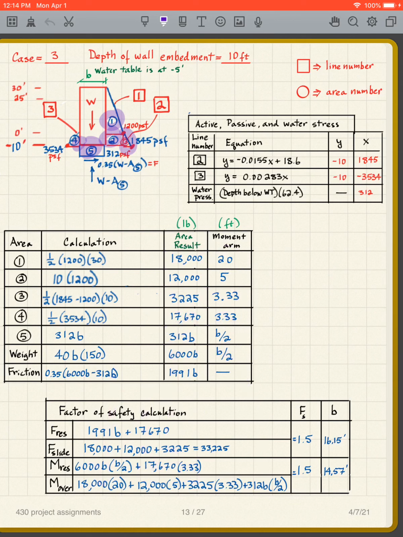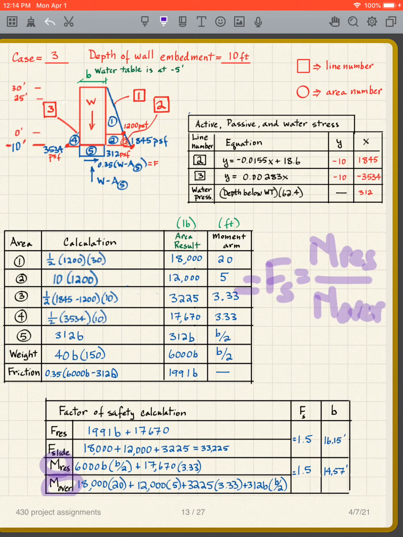And again, the factor of safety for this is going to be M resisting over M overturning, and the factor of safety, again, we're taking as 1.5. That's given. We set that in advance. Then I simply take this equation, put it here, take this equation, you can simplify that a little bit, put it there.